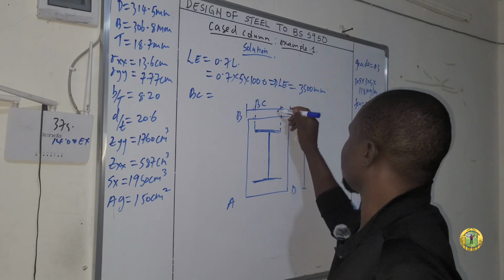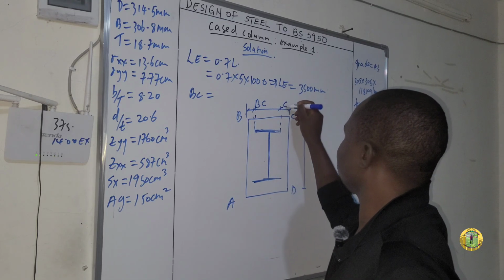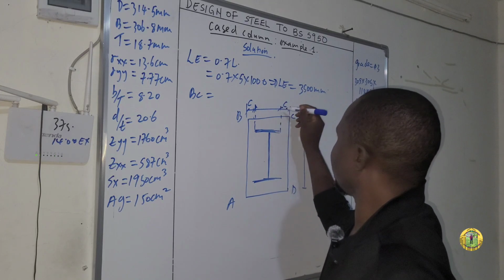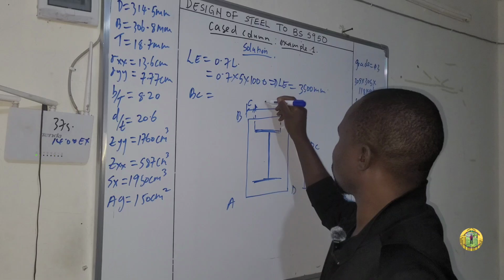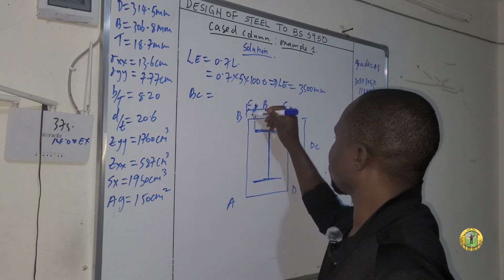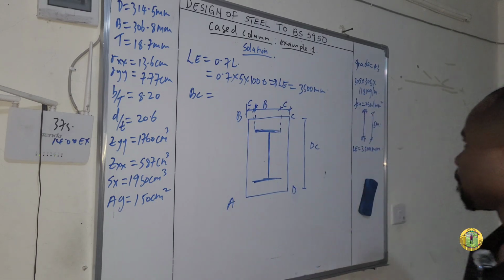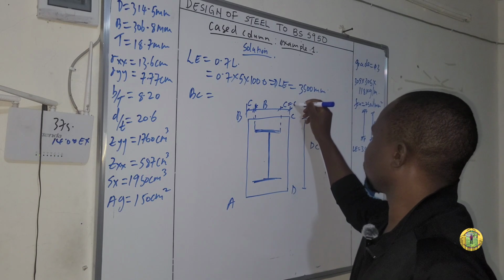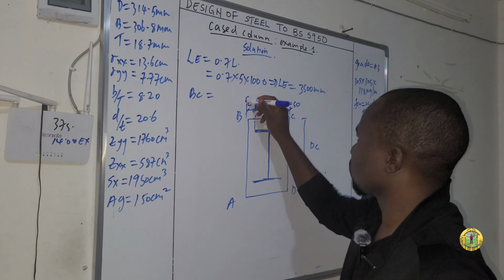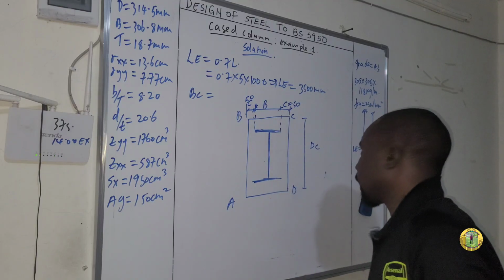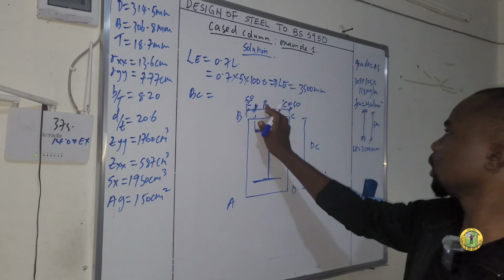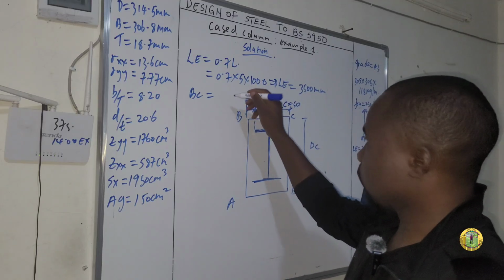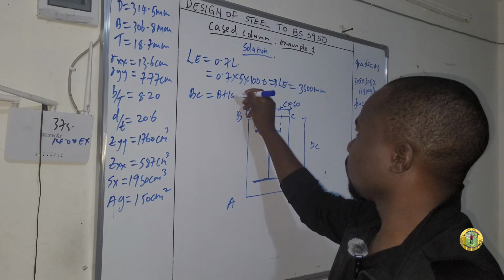This is the cover, and this is the cover, and this distance is B. So to get BC, if you take the minimum cover to be 50 and also 50, 50 plus 50 is 100. So it will be B plus 100.